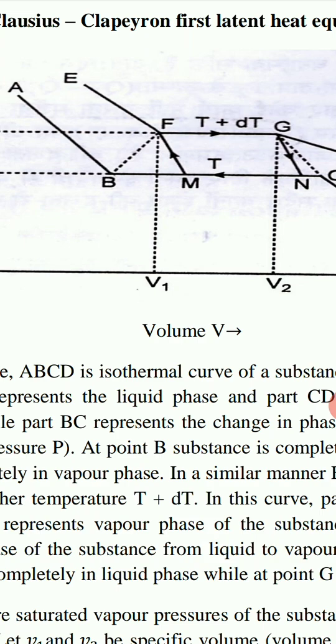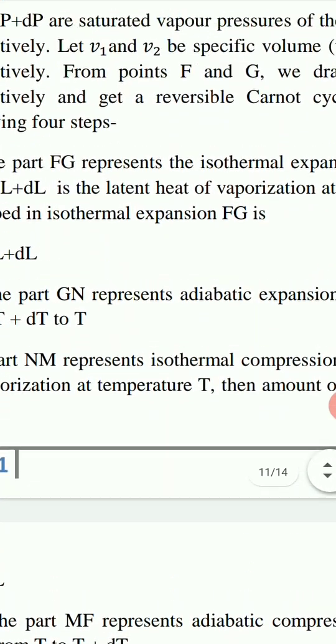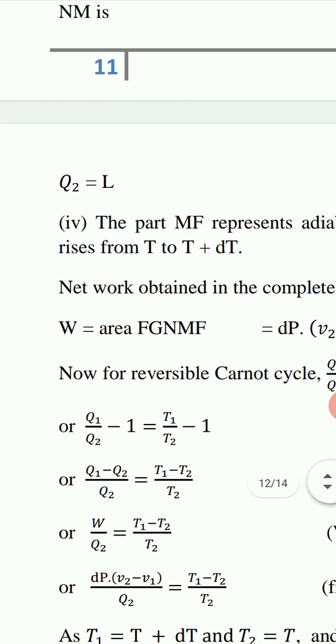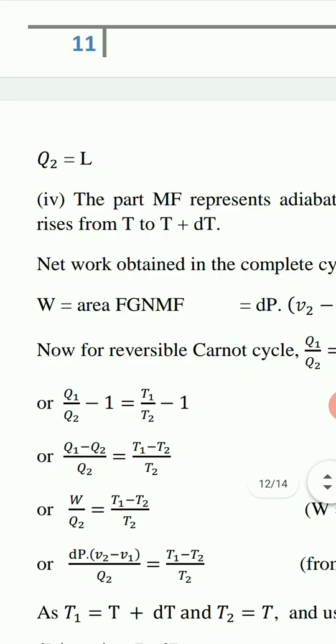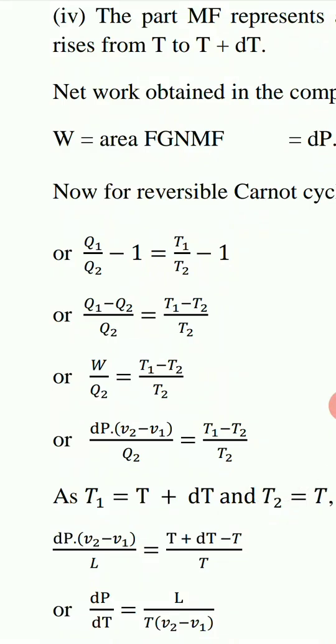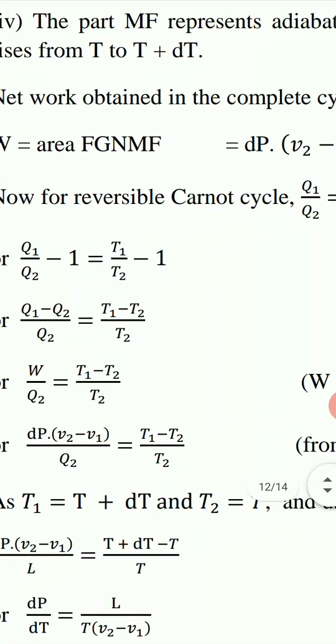So in the process FG, Q1 heat is absorbed by the substance, which is equal to L plus dL, and in the process NM, Q2 heat is released by it, and this Q2 heat is equal to L. Now we see the net work obtained in complete cycle.